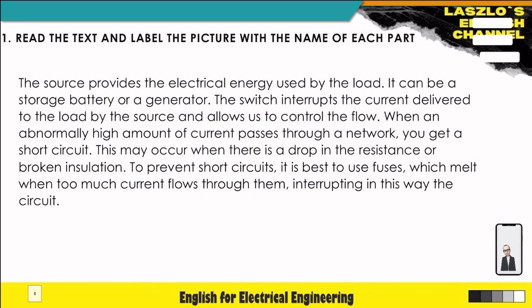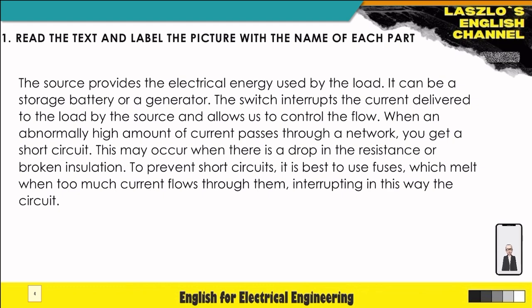This may occur when there is a drop in the resistance of broken insulation, for example. To prevent short circuits, it is best to use fuses, which melt when too much current flows through them, and this interrupts the circuit. Right, so this was our first text.